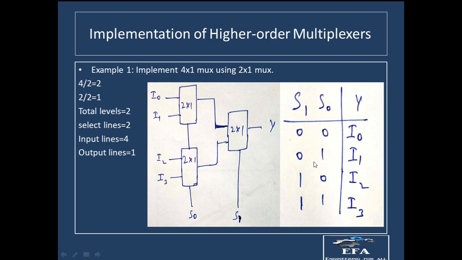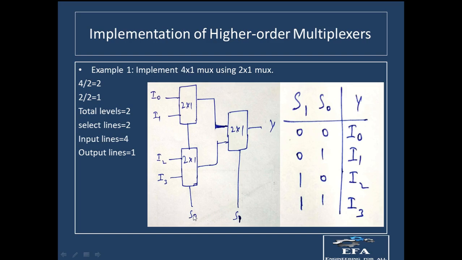Let us see the second condition, that is S1 equal to 0 and S0 equal to 1. So this S1 equal to 0 will come at this position, and S0 equal to 1 will come at this position. Whenever we are having 1 at this position, the second inputs getting into the multiplexers will pass through.